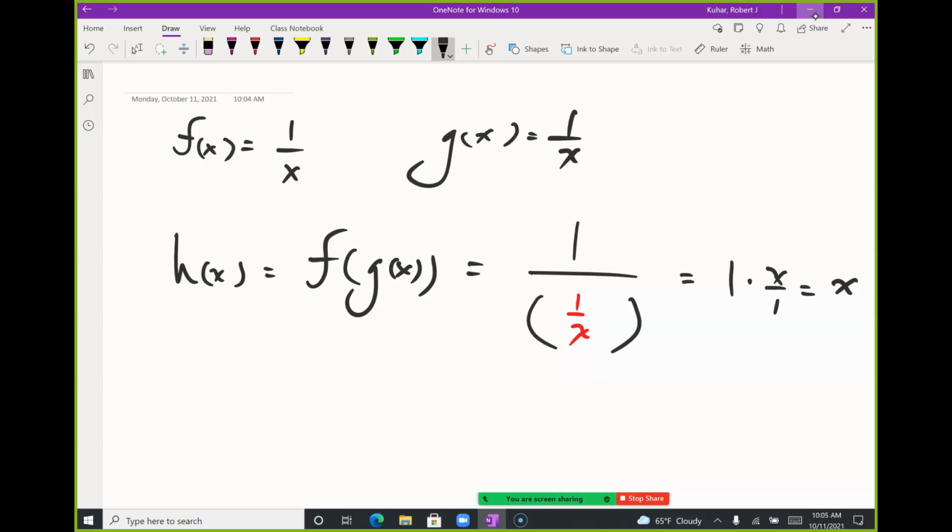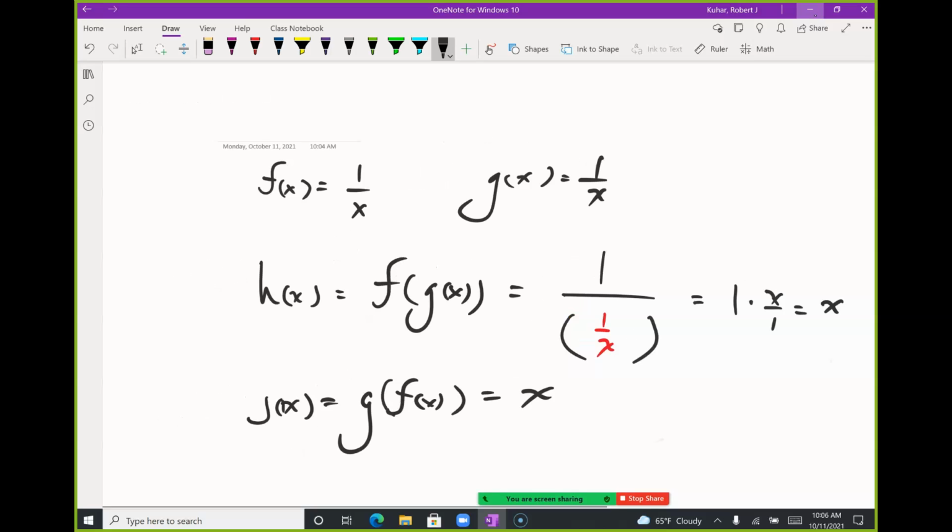Obviously, since they're the same, I'm going to get the same result here, right? So if j of x is g composed of f, I get the same result. That's also x. So when I check these 2 compositions and I get the result of x, these functions are called inverses of each other. They undo each other.